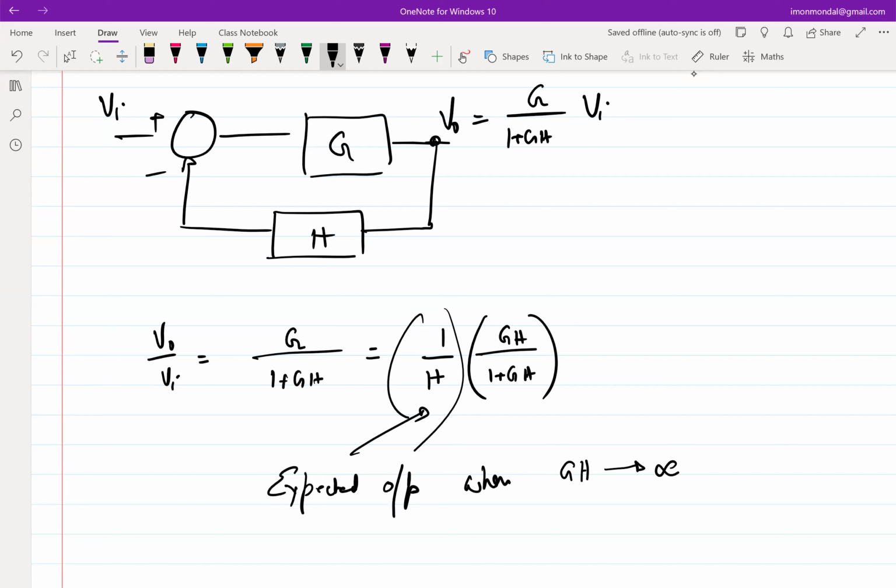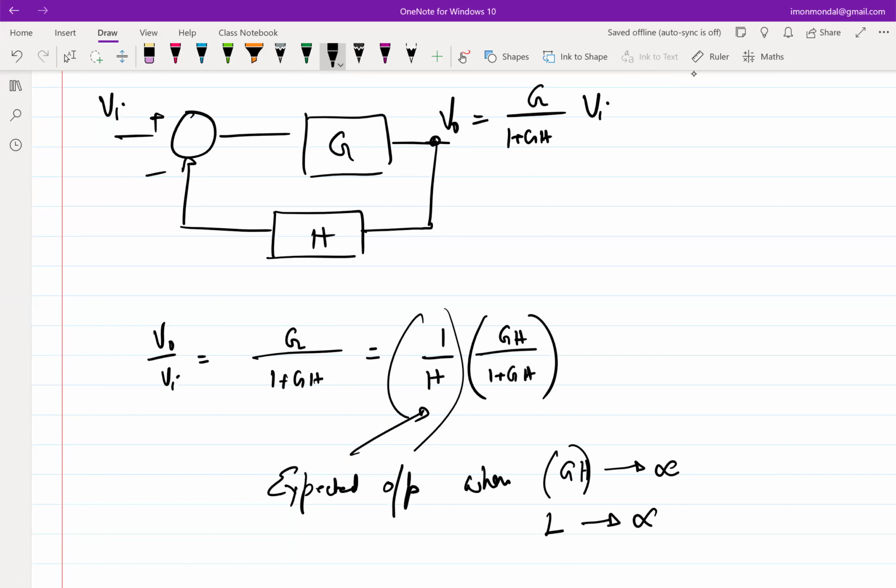Again, we write it in the form of GH because GH has another name. It's called the open loop transfer function or the loop gain, right? We will use loop gain in this course. So GH is called the loop gain. So this is L tends to infinity. L doesn't stand for length or inductor. It's loop gain.